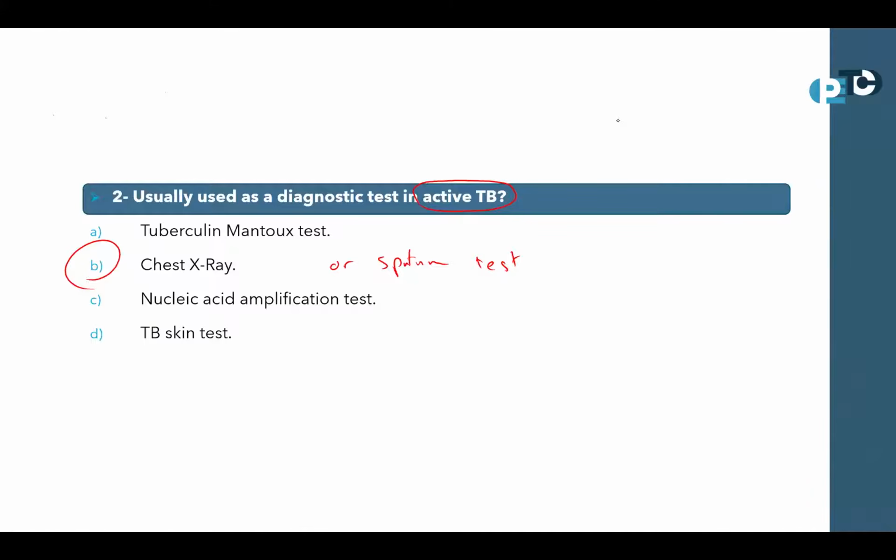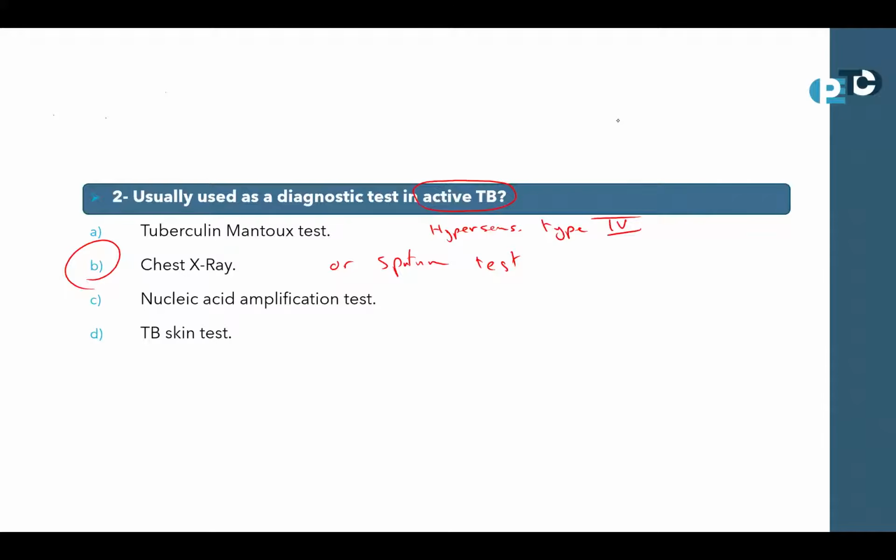Chest X-ray is a valuable screening tool to determine which patients should be referred for TB diagnostic tests. It will diagnose the active TB, while the skin test, or tuberculin Mantoux test, is a type 4 hypersensitivity.